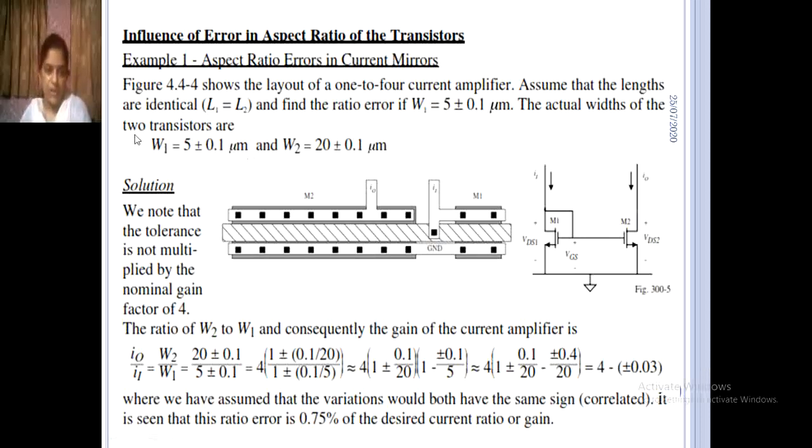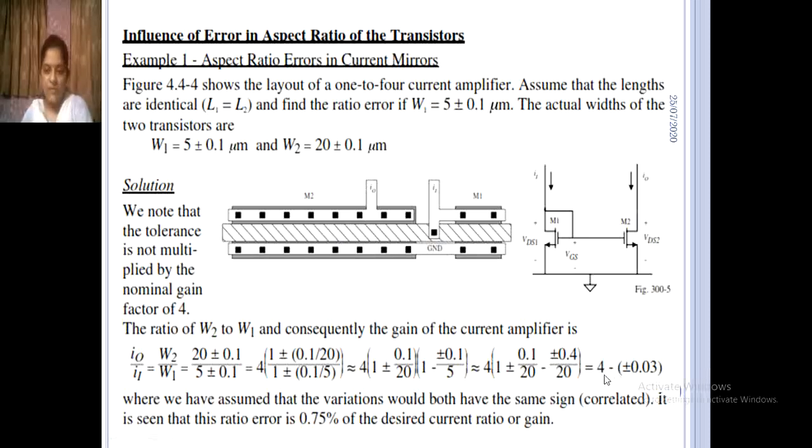If we solve this, we know that the tolerance is not multiplied by the nominal gain factor of 4. The ratio of W2 and W1 is consequently the gain of the current amplifier. This is given, and we have calculated that.